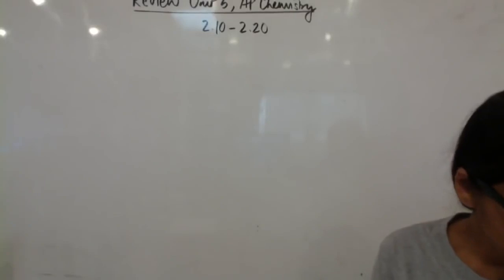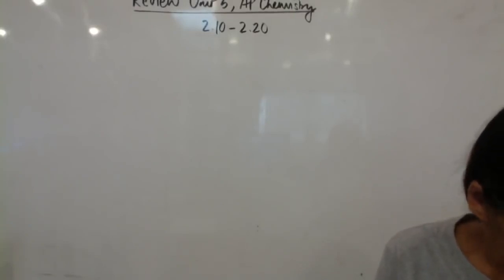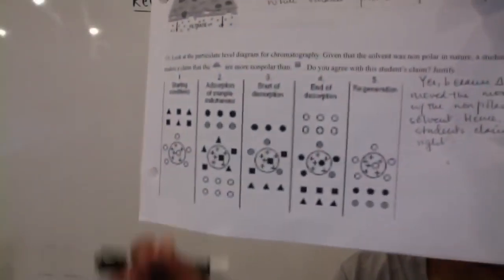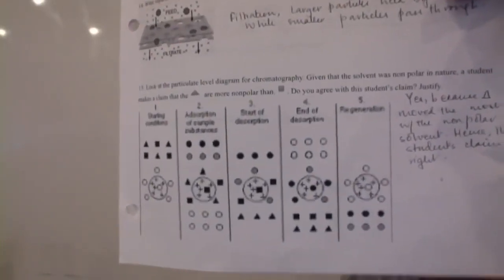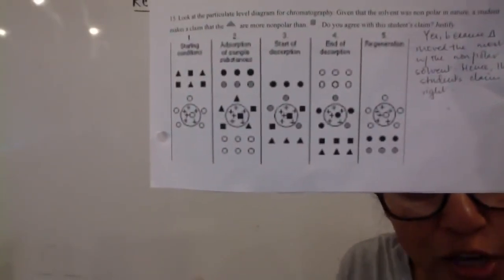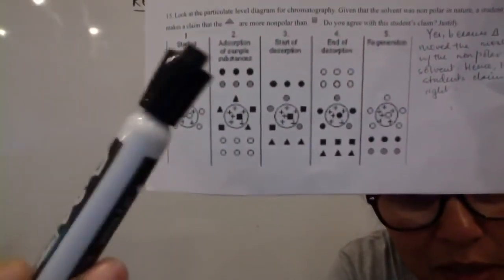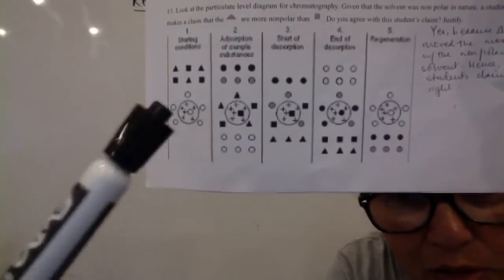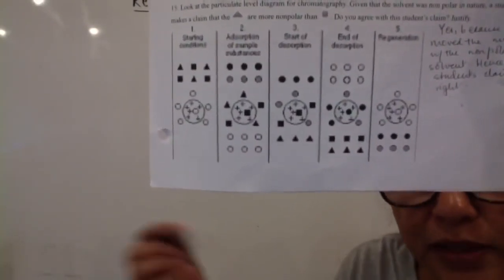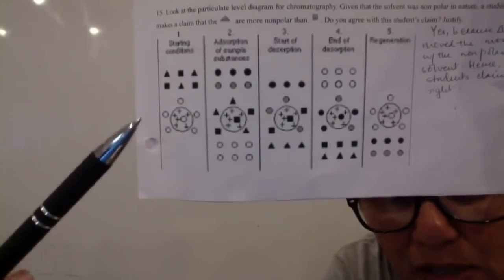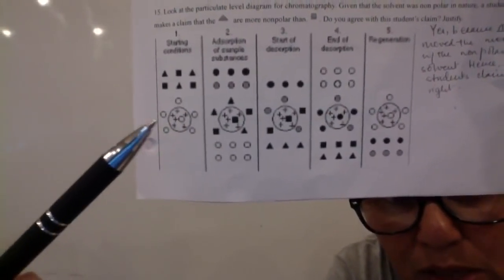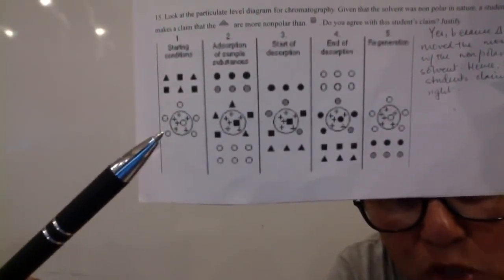Number 15. This was a pretty confusing drawing, and it had a lot of noise, and the signal was not that clear. On the top here you can see some circles, with some smaller circles and positive charge.